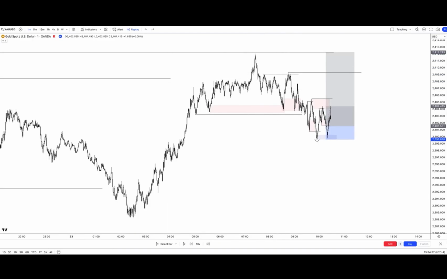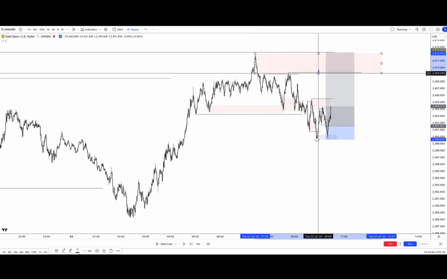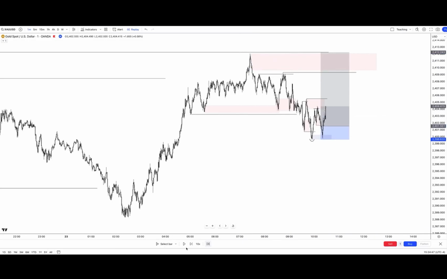Overall, it will be a trap. We want to anticipate it to be a trap. But it's possible for us to get reactions up here, okay? So let's continue.